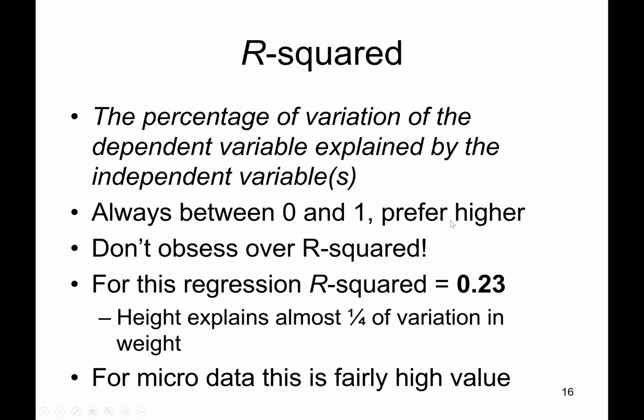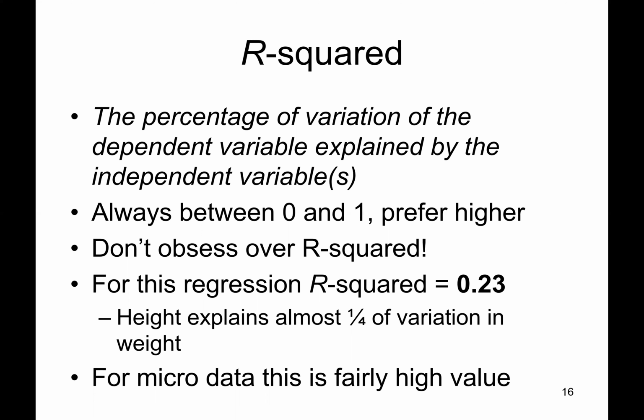For example, if you had weight as your dependent variable, as we do now, but instead of height, you just had a random number generator, a monkey throwing darts at a board, and then you put whatever numbers in there, there would be absolutely no relationship between the monkey numbers and weight.